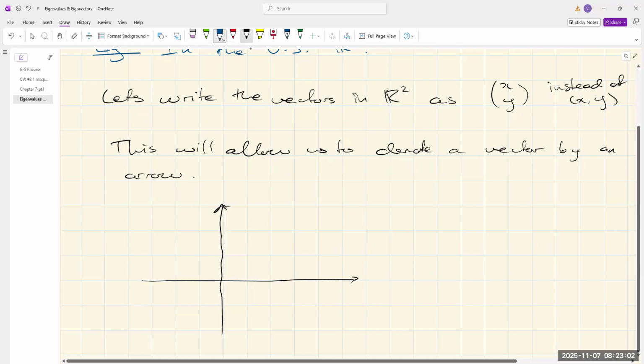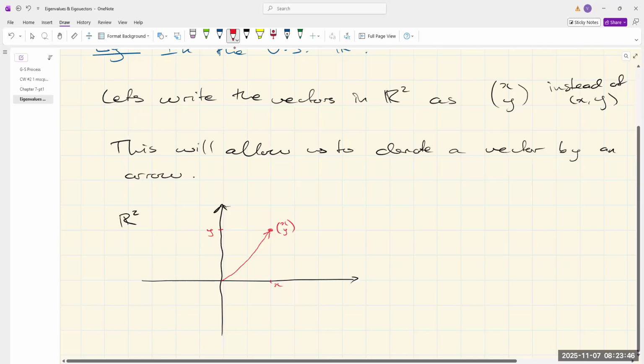So this is your R squared, a vector space. Let's say I have this point here, and this is x, y, an element of the vector space R squared. I'm going to visualize it by an arrow from here to here. So this would be the vector x, y.